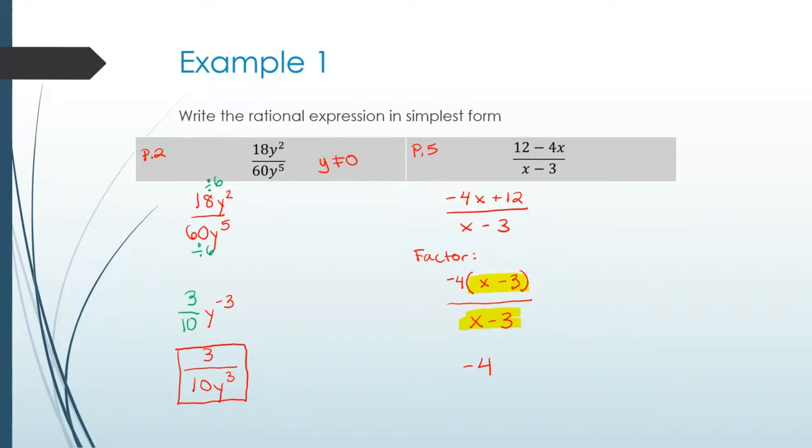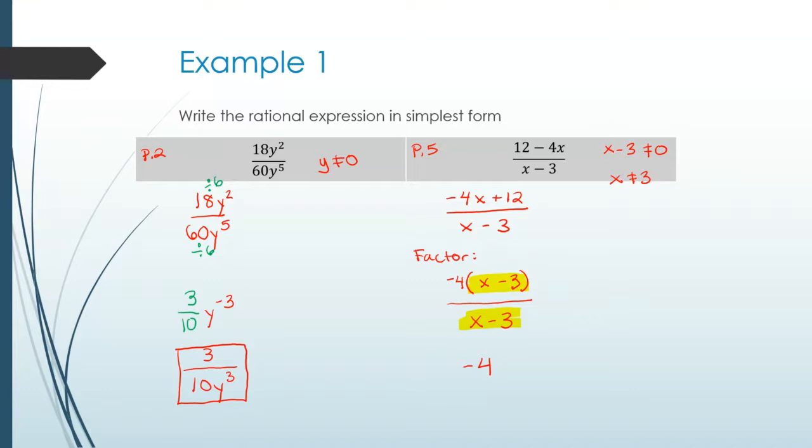Now, here's the thing that we have to consider, and that's the domain. So in our original problem, x minus 3 cannot be 0, which means that x can't be 3 because 3 minus 3 is 0. That has to carry down to our answer because we divided everything by an x minus 3.